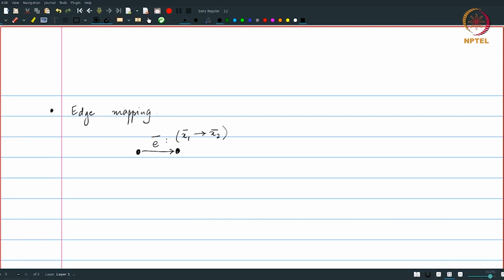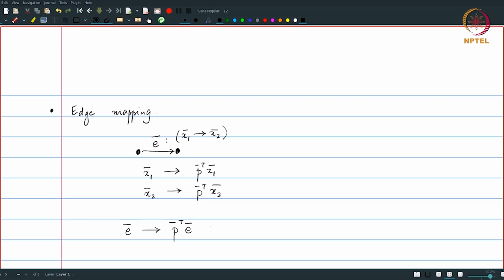And since we know that x1 will be mapped to P transpose x1 and x2 will be mapped to P transpose x2, what we can say over here is that the edge E will be mapped to P transpose E.